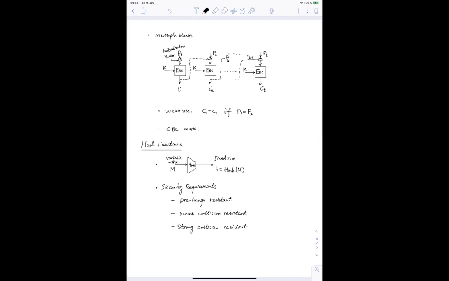For here, I can write if we are given a hash of M, to find M is difficult. And for the weak collision resistant, by collision, it means there are 2 different inputs which give out the same output.